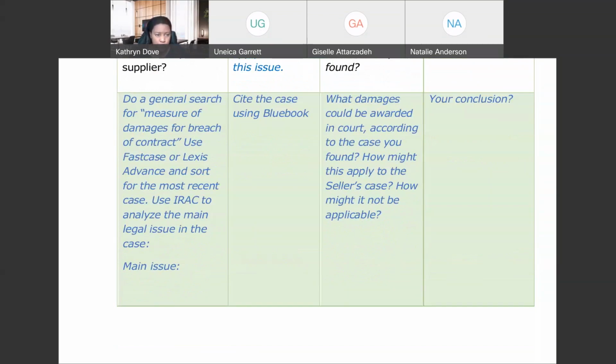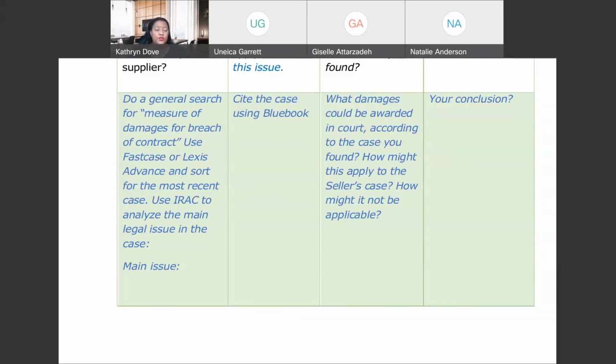When you do your search, I would actually suggest putting in measure of damages for breach of sales contract UCC. I would put that in there to give you a more on-point case. And then you always want to use the most recent case, because we want to know what the courts are saying now about UCC damages.